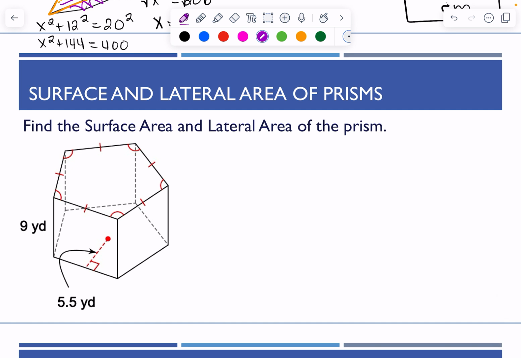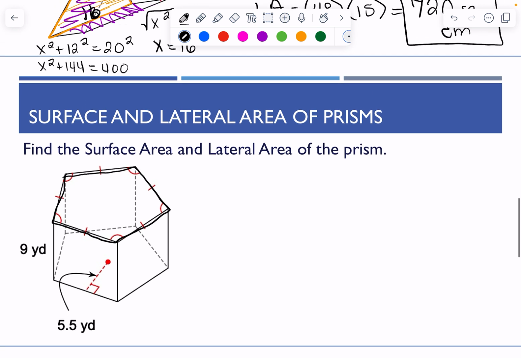If you look here, we have a pentagonal prism. So our bases this time would be the two pentagons. And they want us to find both the surface area and the lateral area.